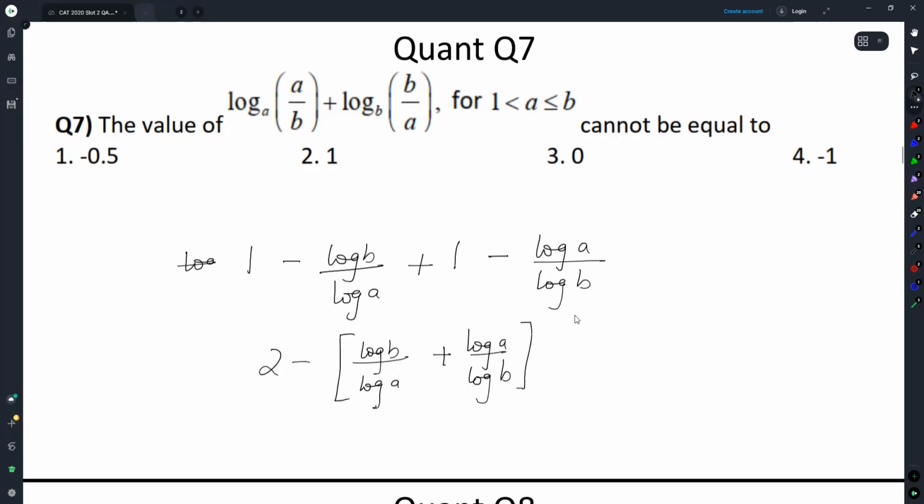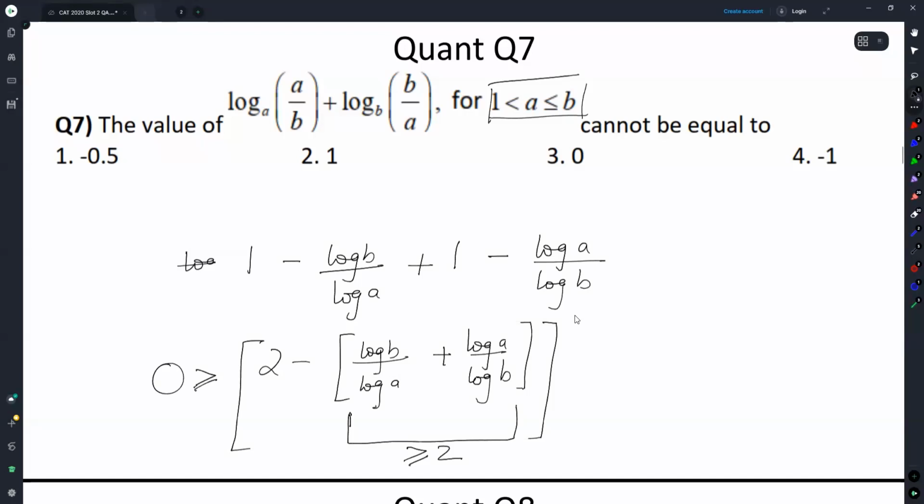Basically reciprocals of each other. So this portion, the value of this expression, a being less than equal to b and so on, cannot be equal to, I don't care. I'm just saying this portion here has to be greater than equal to 2. If this has to be greater than equal to 2, this entire expression has to be less than equal to 0. So it cannot be equal to option 2, 1.